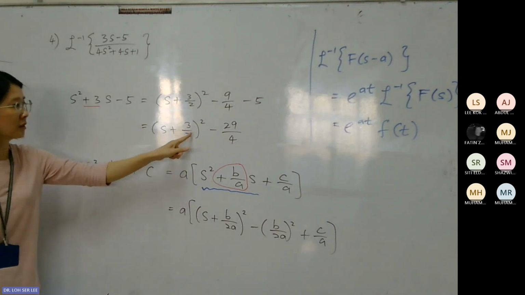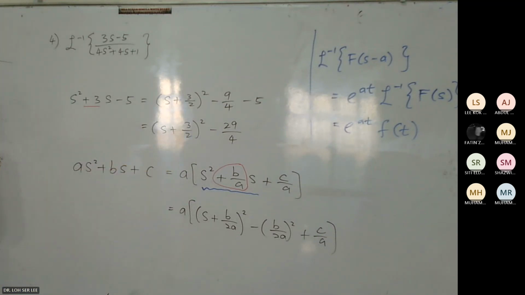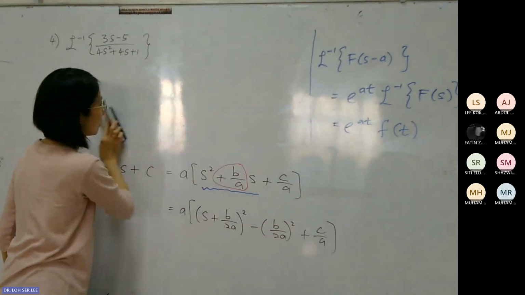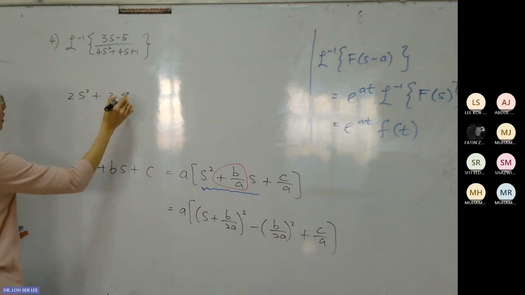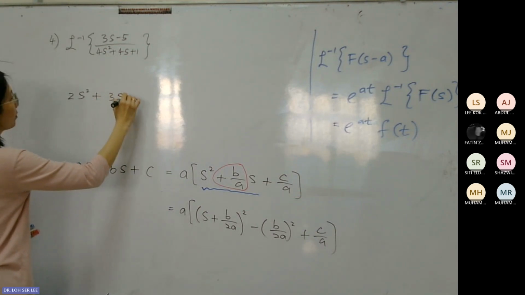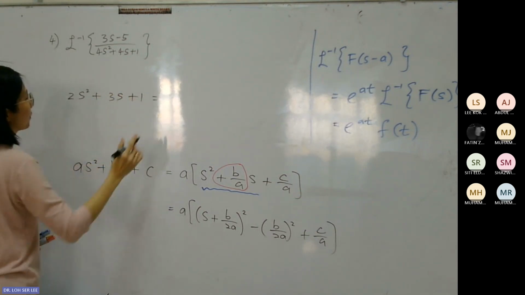So when your function is written in something like this, then only we apply the first translation to take out this value. I give another example, the one with a coefficient other than 1. What happens if you have a value other than 1? Let's say 2s squared plus 3s plus 1.